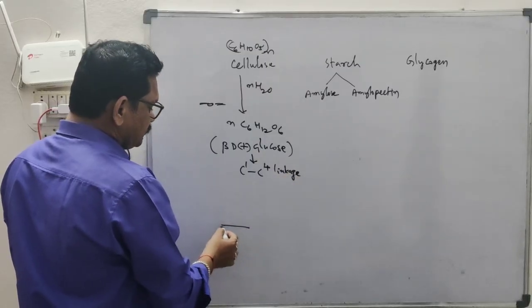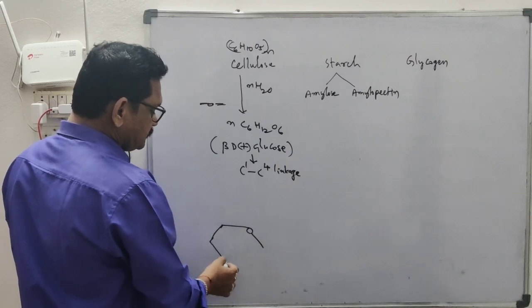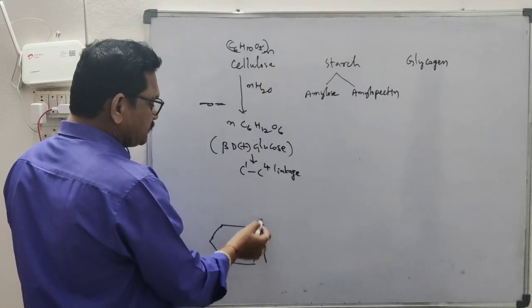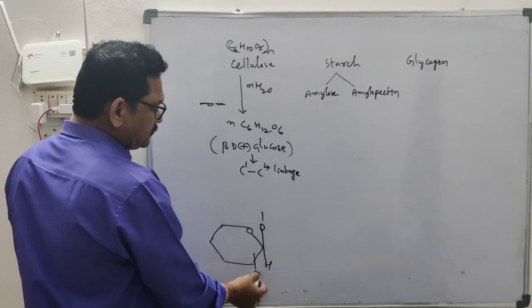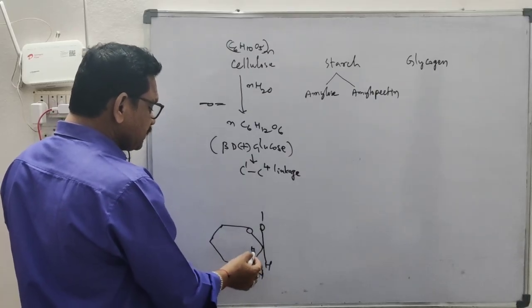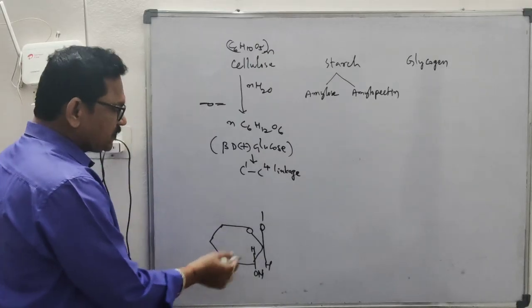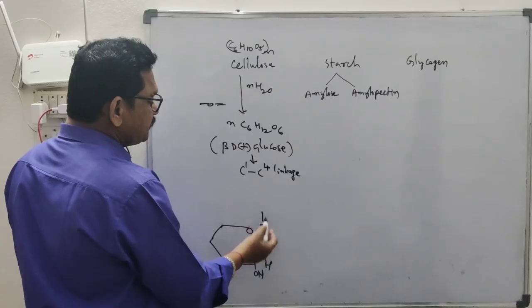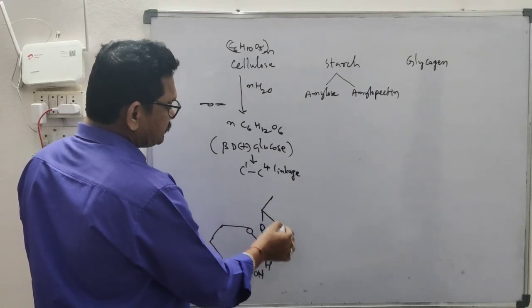You know the beta glucose structure. I write the beta glucose structure. That means the OH is upside, present at the top. Of course, all these are the same. Here you try to understand the linkage between C1 and C4.